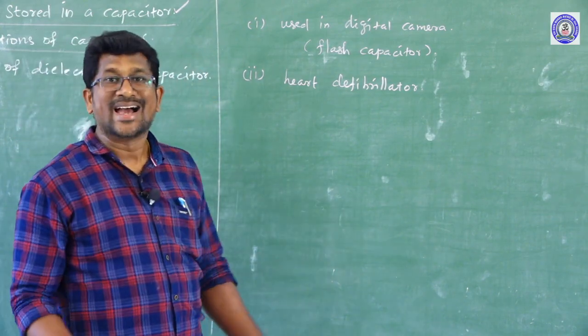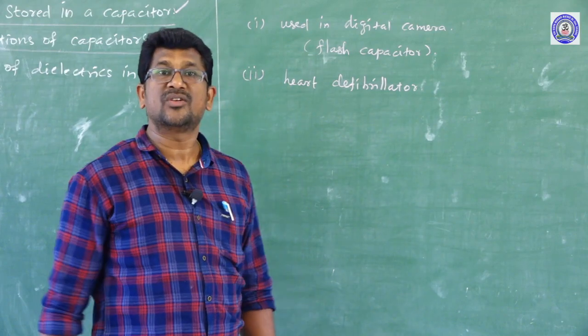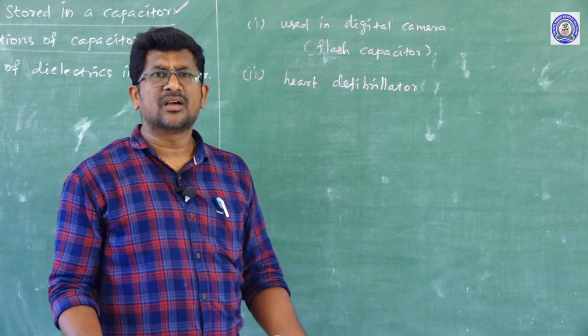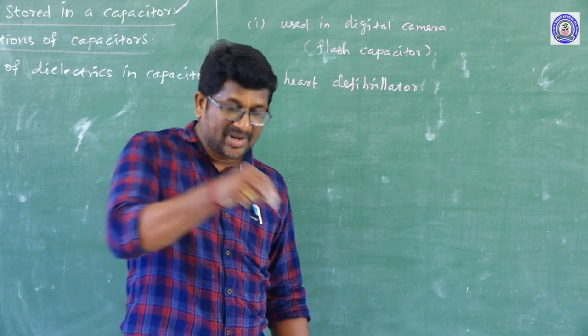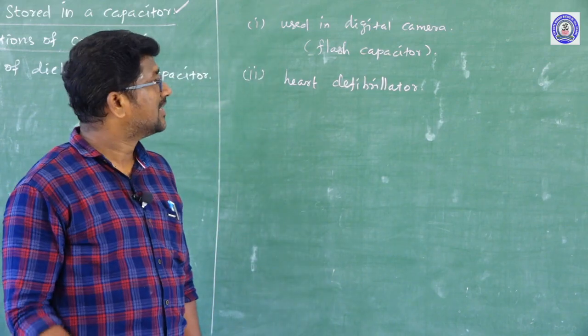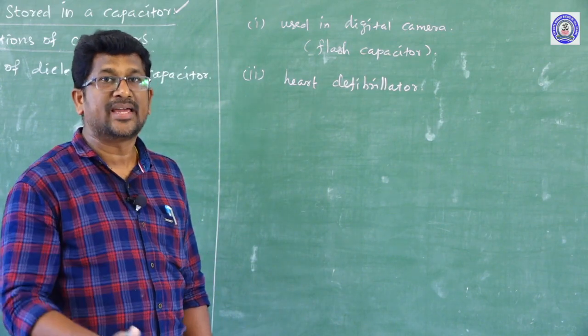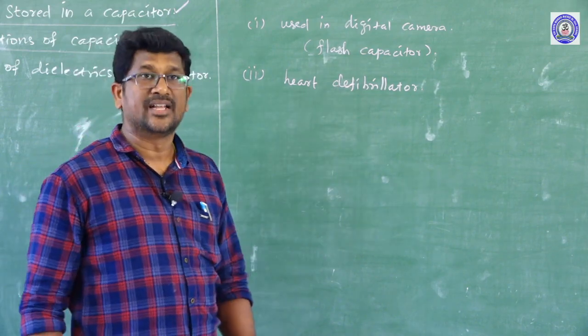In order to recover the normal function of the heart during cardiac arrest, a large amount of voltage is supplied to the chest of the patient. That electrical energy is given by the capacitor in the defibrillator.